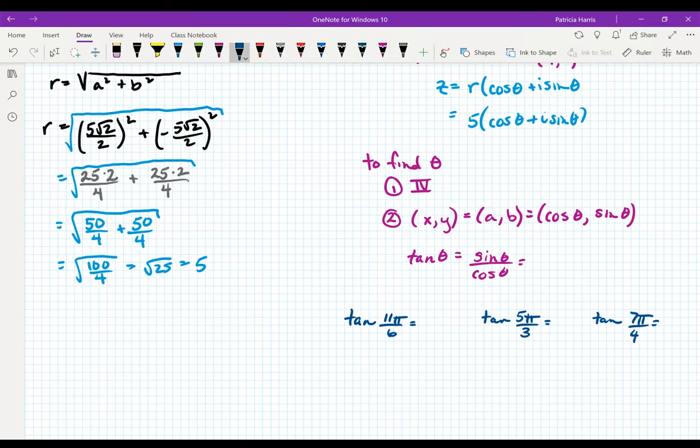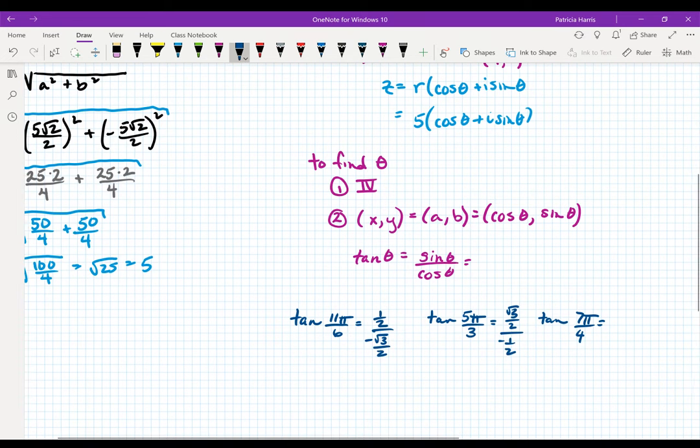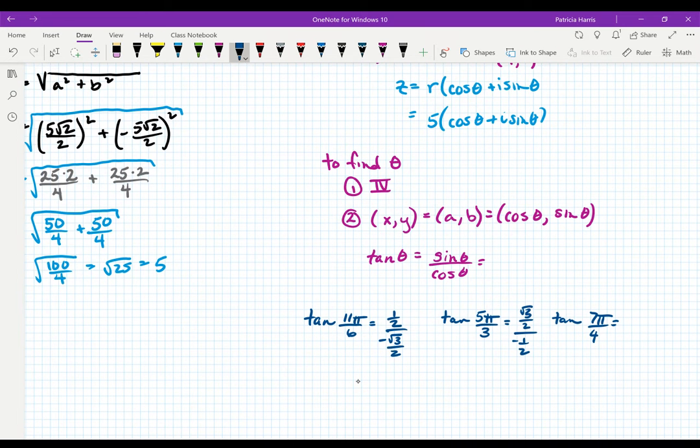If I look at 11 pi over 6, I get sine of 1 half over negative radical 3 over 2. If I look at 5 pi over 3, I get negative radical 3 over 2 divided by negative 1 half. And if I look at 7 pi over 4, I get radical 2 over 2, radical 2 over 2.